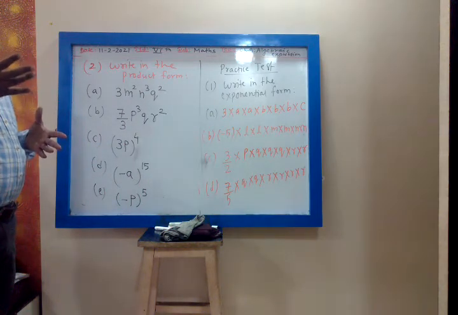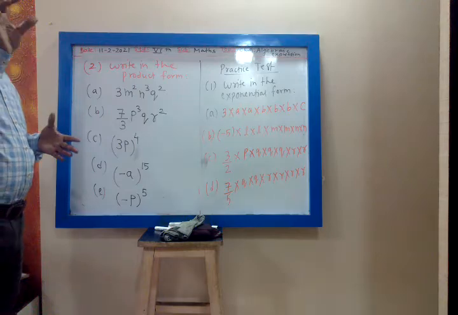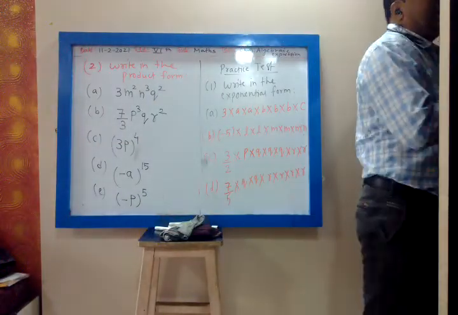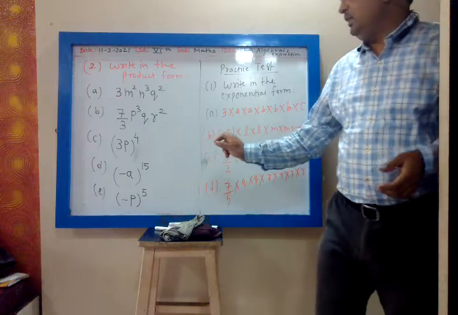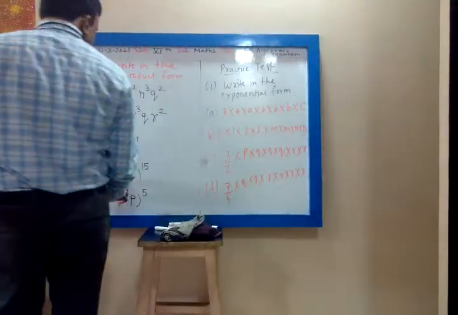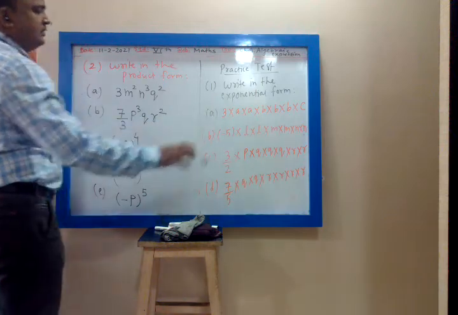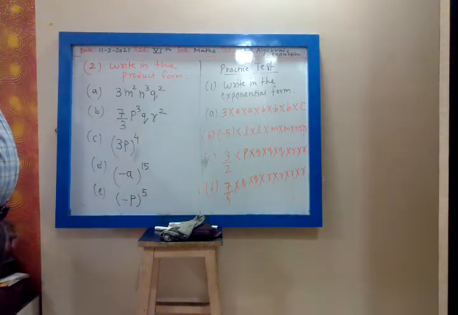Very good. And that 3p you have to write down in the bracket. Then you have to put the dot there. Minus a into minus a, dot 15 times. Very good.